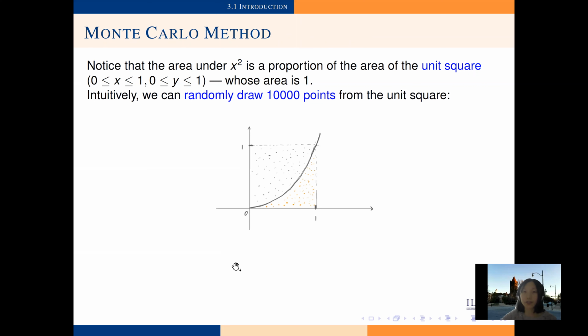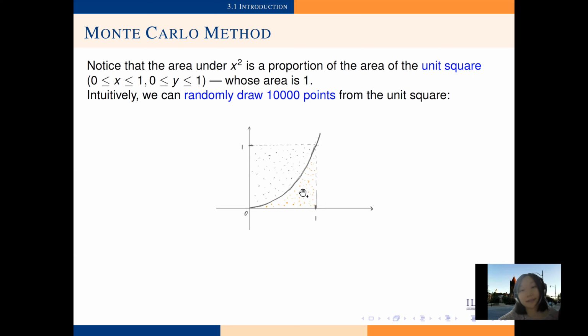Here's a plot that shows this. This is the unit square, and we're interested in finding the integral, which is the area under this curve. So intuitively, we can randomly sample 10,000 or even more points from the unit square. And for each of the random points that we draw, we try to find whether this point is under this curve within this area we're interested in, or is it outside this area.